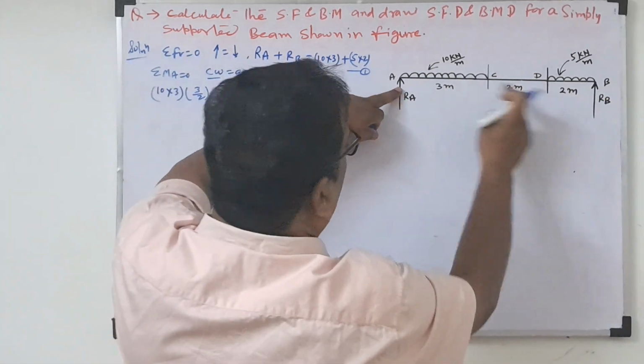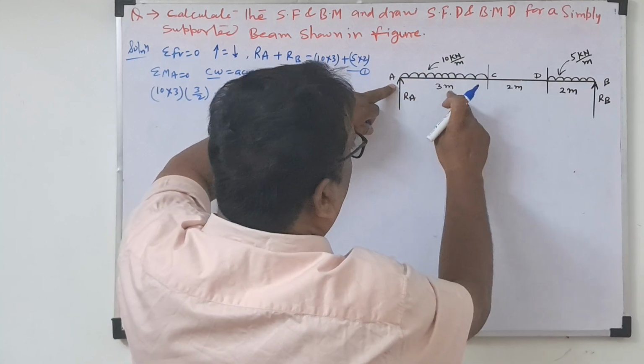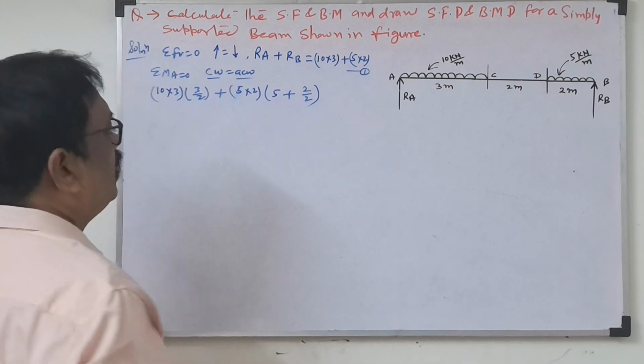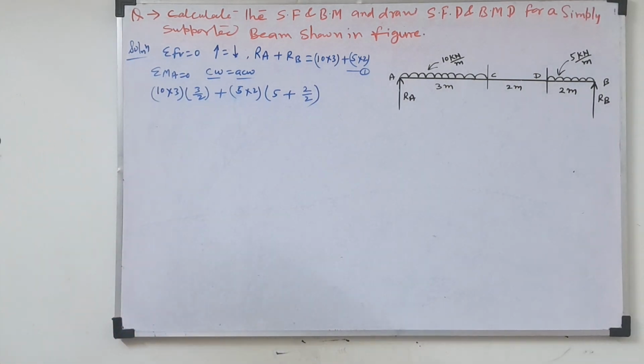But where is this UDL from our point A? 3 plus 2, 5 meters away. So 5 plus 2 by 2. This is the way to calculate the UDL.